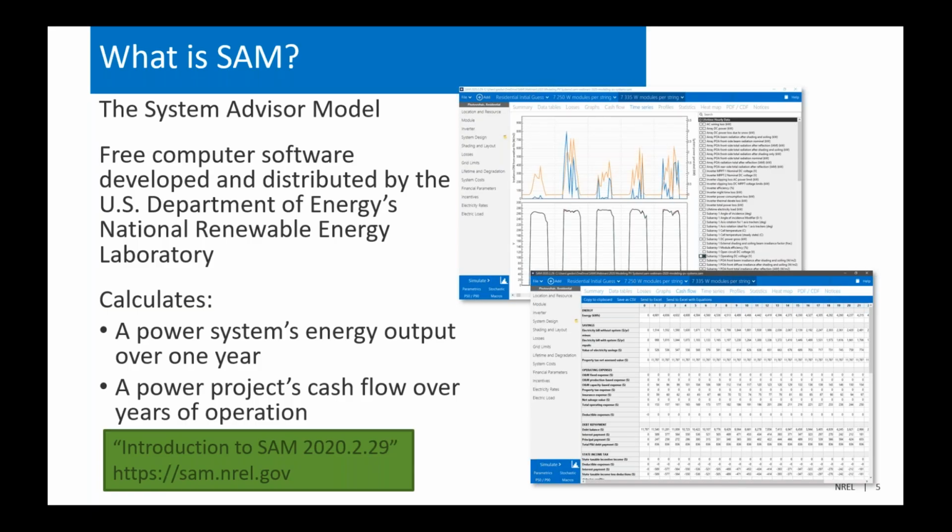It has a performance model that calculates a power system's energy output over 1 year by running hour by hour or up to 1 minute simulations, and a financial model that calculates a project's cash flow on an annual basis over a multi-year project period. The earlier webinar from this year, Introduction to SAM, is on the homepage of the SAM website. So if you'd like more about SAM's general capabilities, you can watch that video.